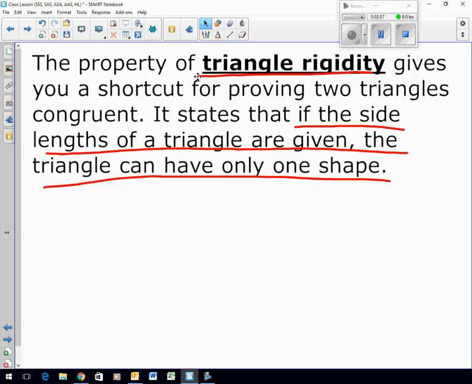And if you think about it, it makes sense. If I give you all the side lengths of a triangle, then I told you everything you need to know about the shape of the triangle, right?